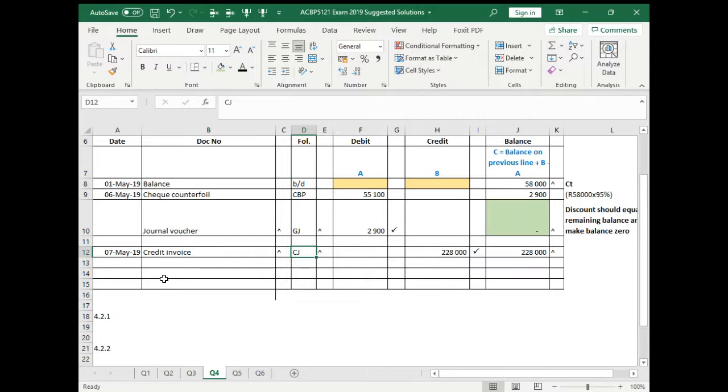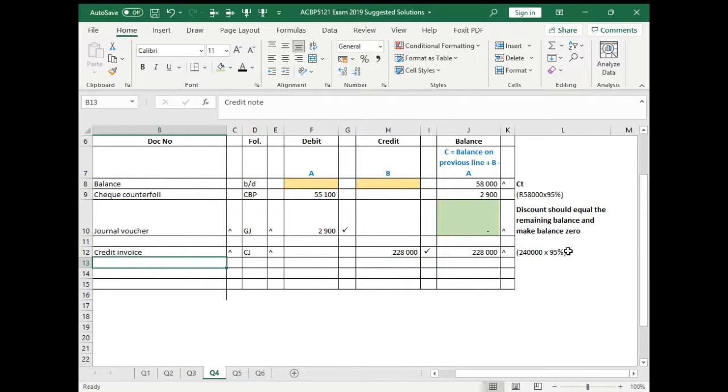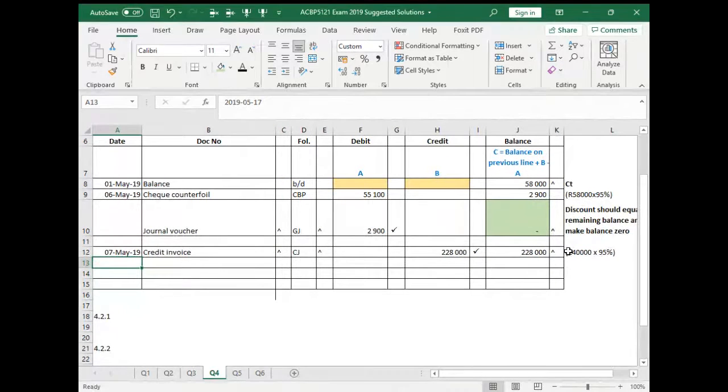Then the journal you would have captured it in was your creditor's journal, so CJ. And the amount is the 240 multiplied with 95%. So that is after the trade discount has been taken into account. That is how you work out the invoice amount. So that is all they would charge you. The amount after the trade discount is what you would capture, the 228. And then you add that to the 0, which was a balance in the previous transaction, to get to the new balance.